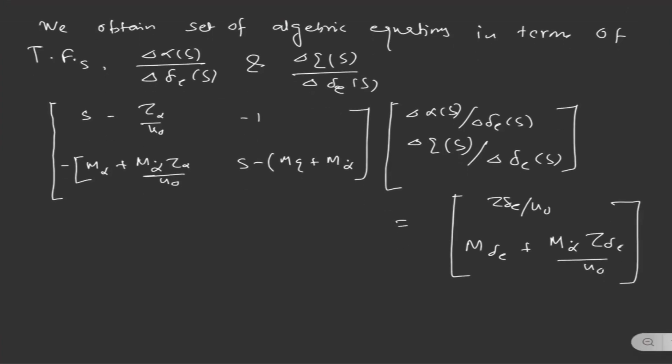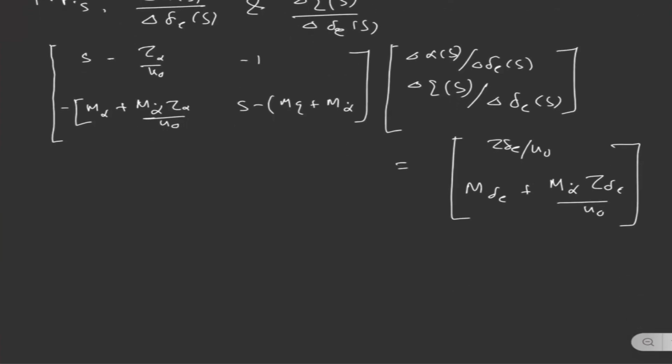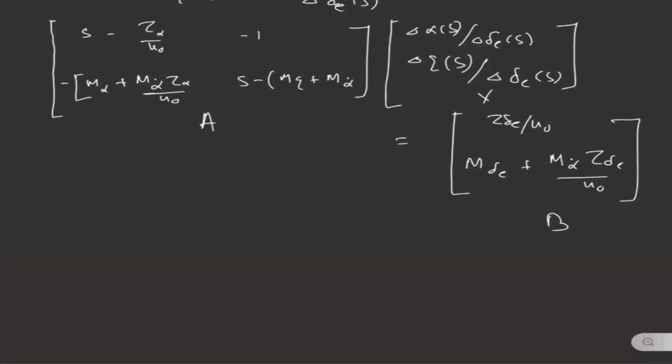So in matrix form, here you can apply Cramer's rule. Let's denote this as the A matrix, this is the X matrix and this is the B matrix, for example.